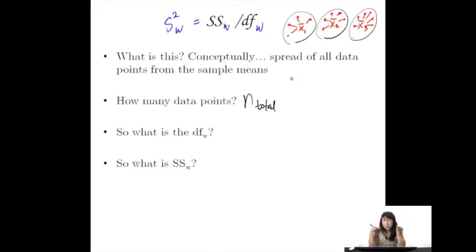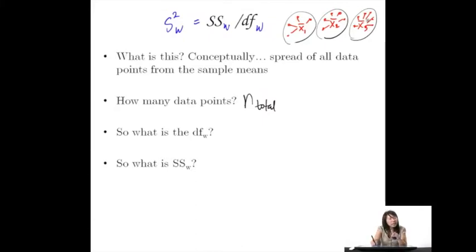How many means did we find? We found 3 means, right? For each time we calculate a mean, we lose a degree of freedom. So it's really the n total minus the number of means that we calculate. And here it's 3. It's 3 because we had 3 groups.